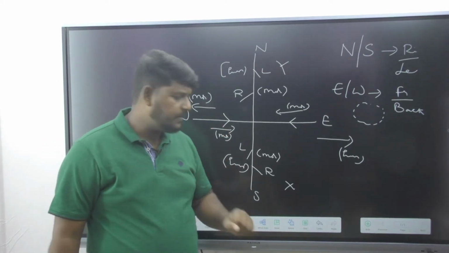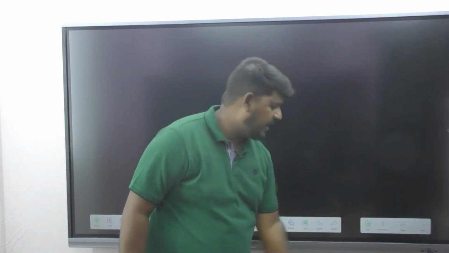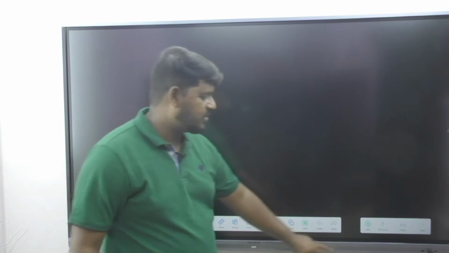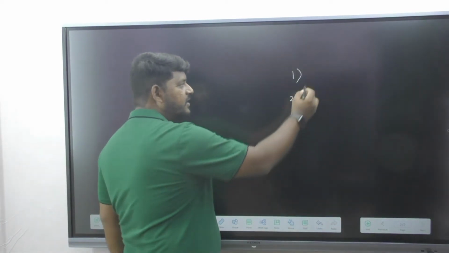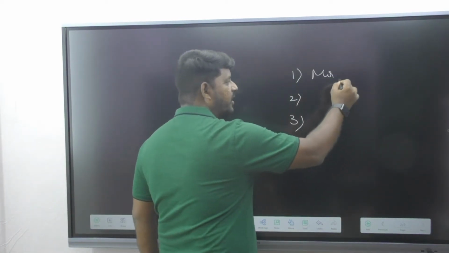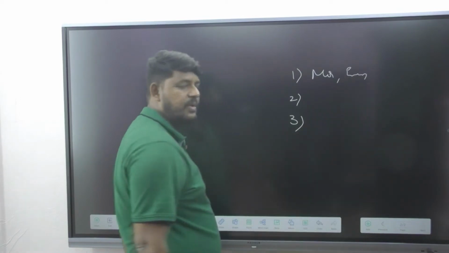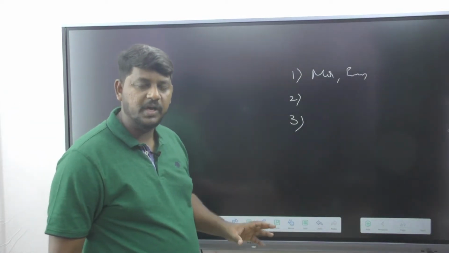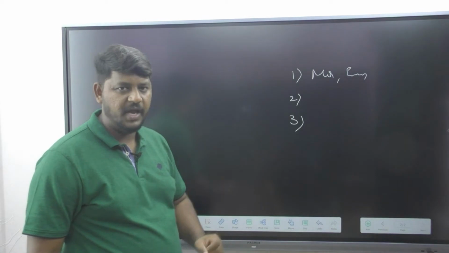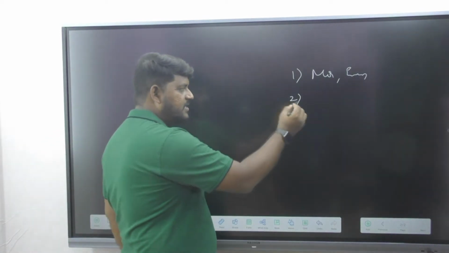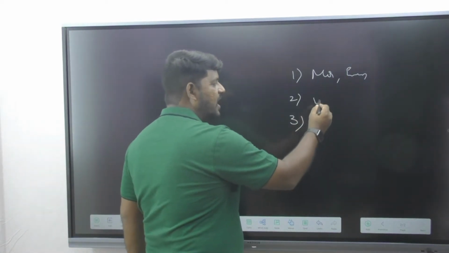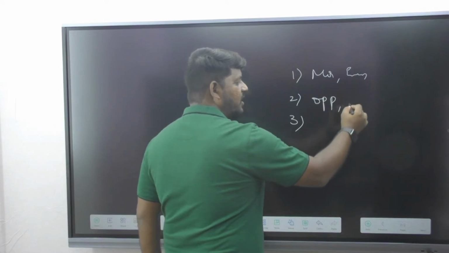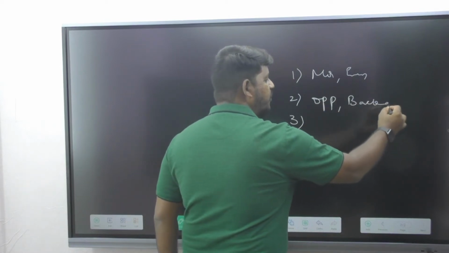So there are three important things you need to understand in this model. So please observe here, what is that? Whether the question is talking about the morning or evening. Please do remember whether the question is talking about the morning or evening. And the second point is, you need to understand whether they are opposite to each other or their backs are opposite to each other.